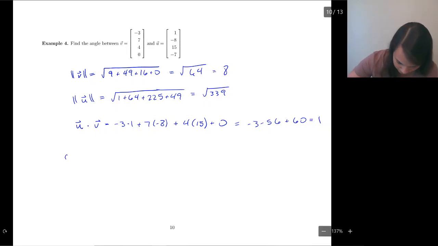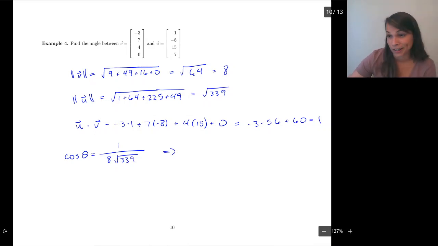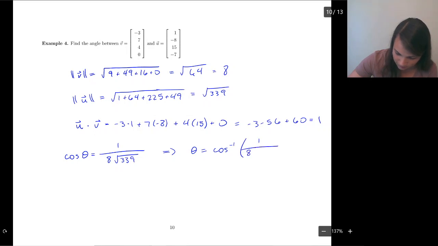Yay! So then cosine theta equals 1 over 8 times the square root of 339. And then this is not on your unit circle. You do not need to know what this is off the top of your head. But I do expect you to be able to plug this into a calculator and interpret that.